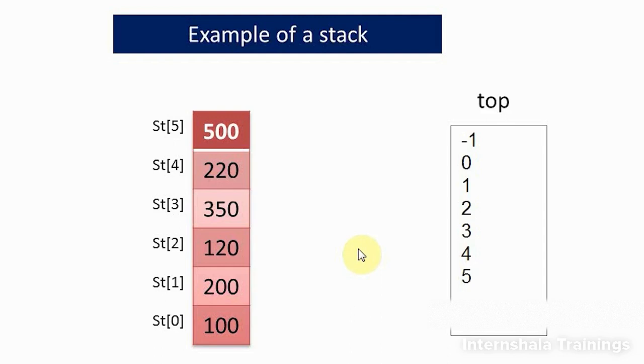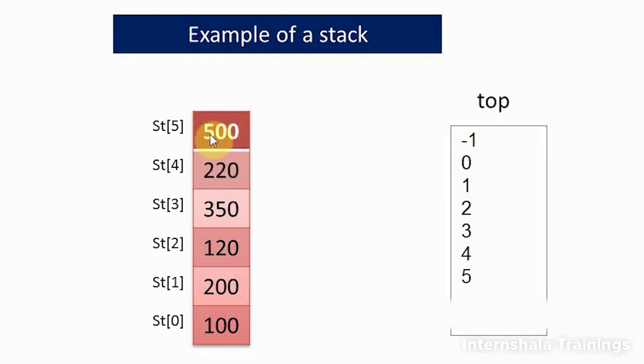Now suppose I want to remove an element from this stack. I want to pop an element from the stack. Now I cannot pop 100, 200, 120, 350 or 220. Why? Because I have already told you that the deletion, that is popping, will also take place from the top.